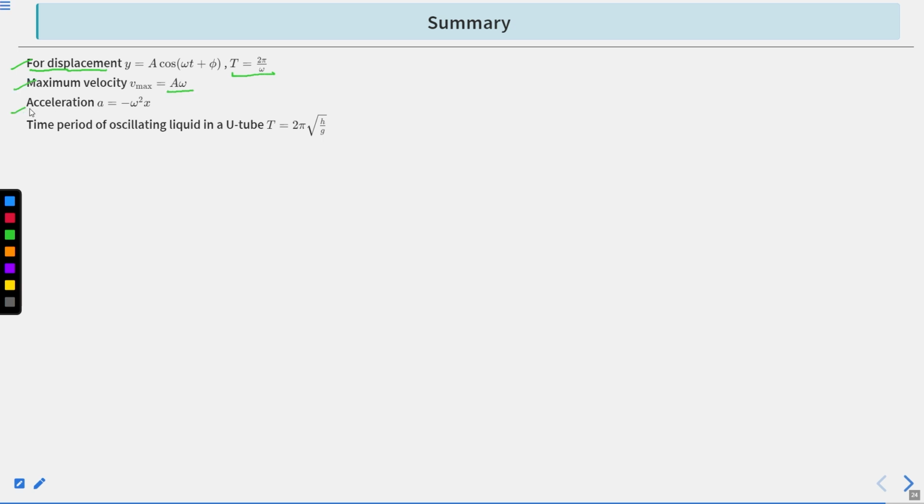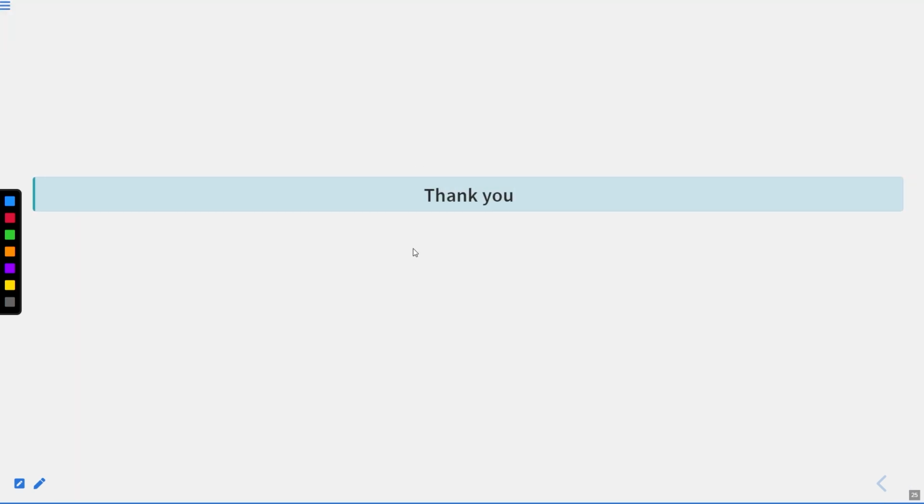And acceleration a is equal to minus omega square x. The time period of the oscillating liquid in a U-tube is T equal to 2 pi under root h by g. So these are the major formulas. Thank you.